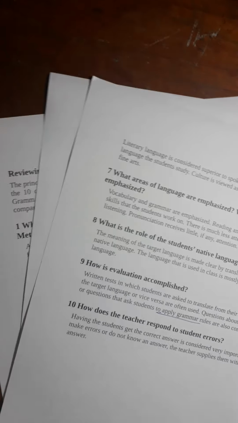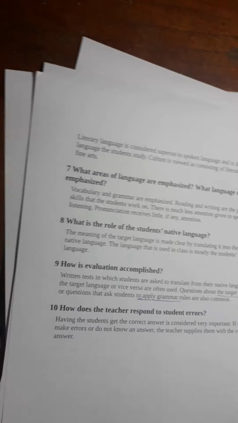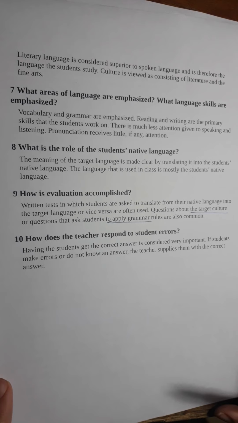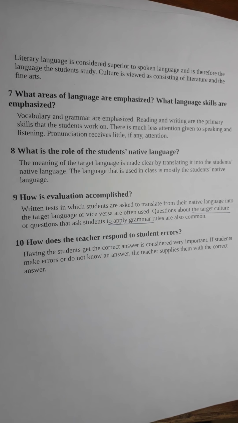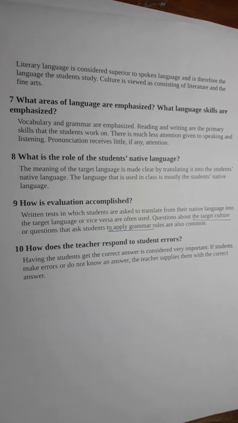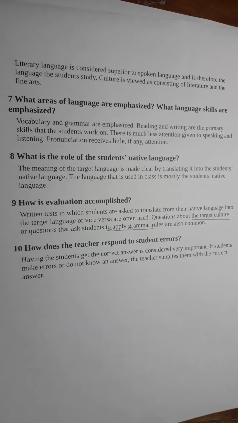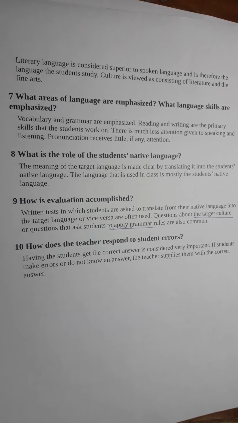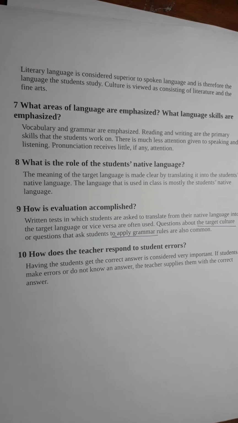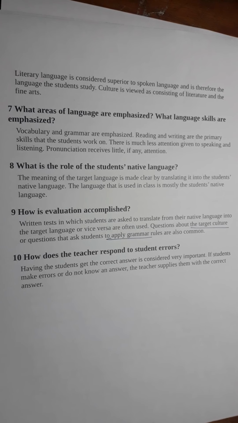So the language is viewed as literary language, which is considered superior to spoken language. Spoken language is not given any emphasis and is not included within the teaching and learning process. Culture, again, is viewed as consisting of literature and fine arts. So we can understand the culture of the target language from studying different literary texts written in the target language.